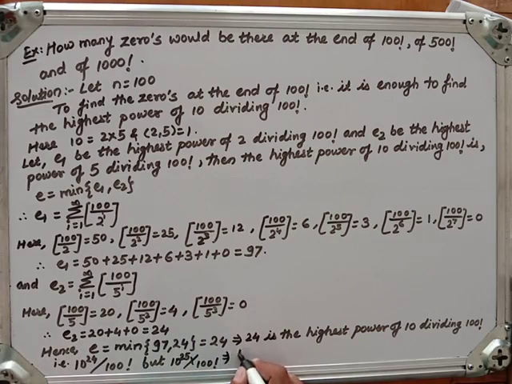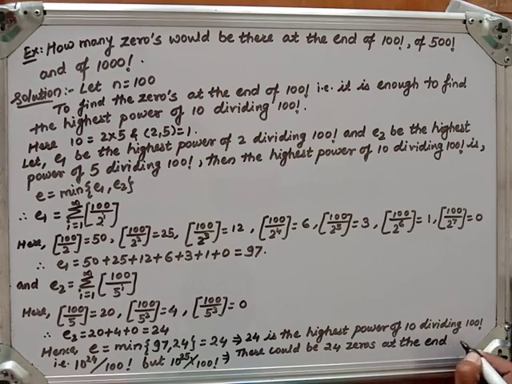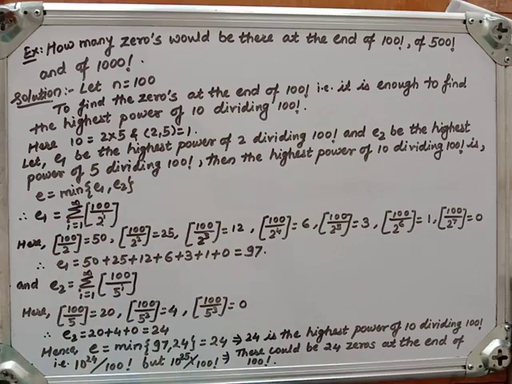This implies there could be 24 zeros at the end of 100 factorial. Now similarly, let's solve for 500 factorial and for 1000 factorial.